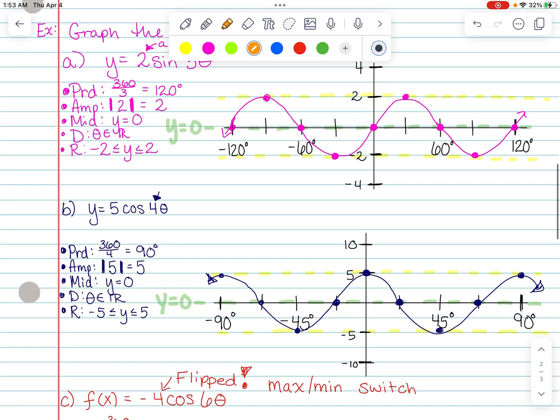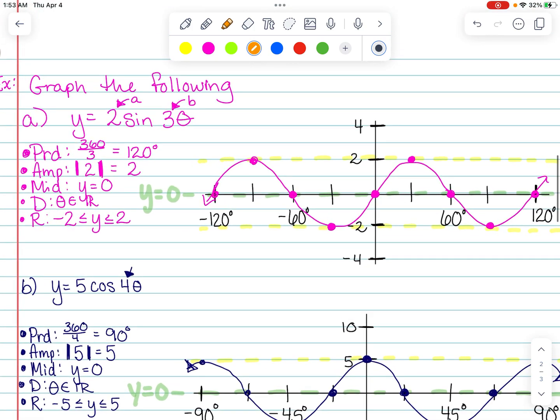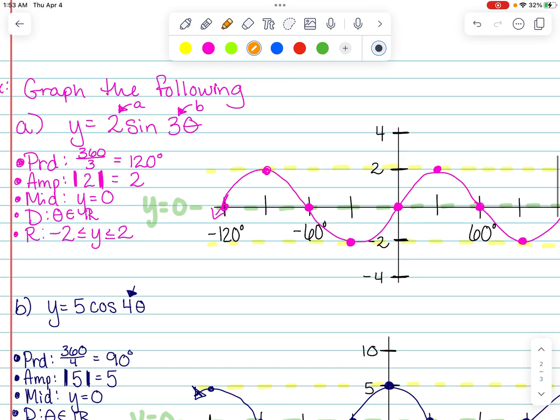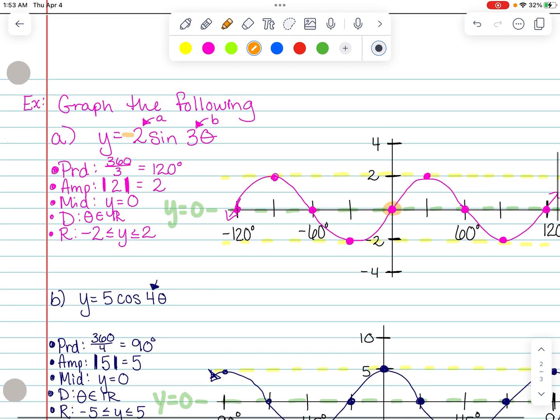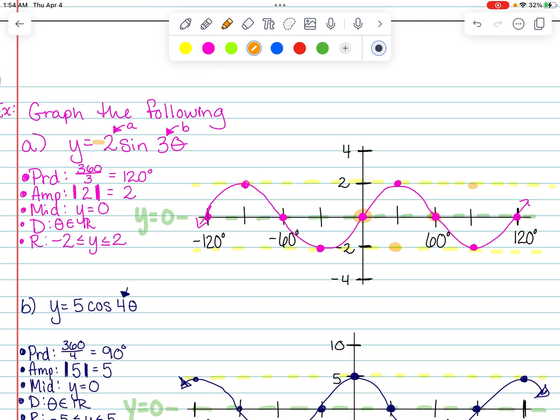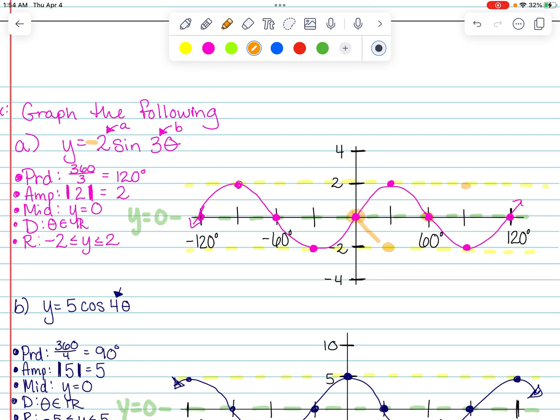Now, just a quick note. If you put a negative on a sine function, for example, I'm just going to draw over this graph. Don't change this graph. But if there was a negative here in front, minimums and maximums switch. Midline hits are still midline hits. My graph would have still gone here, but instead of going upwards to the max, it would have gone down to the minimum and then bounced back and forth.